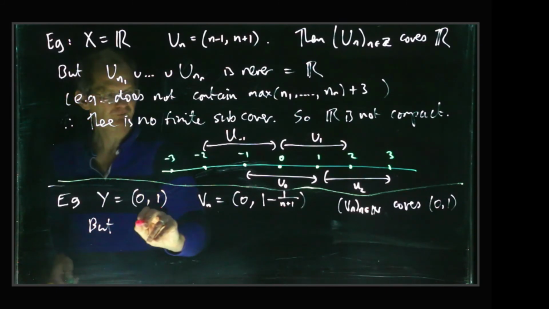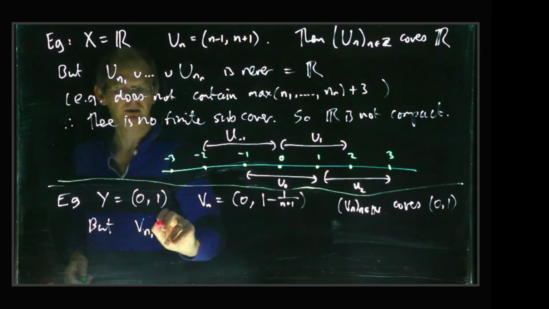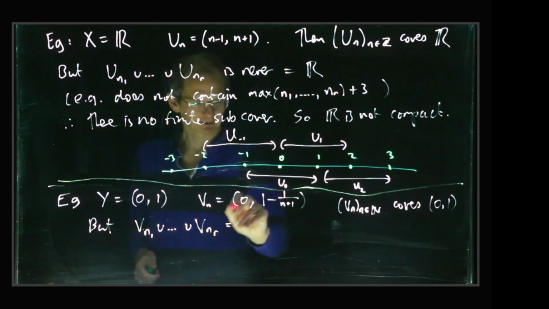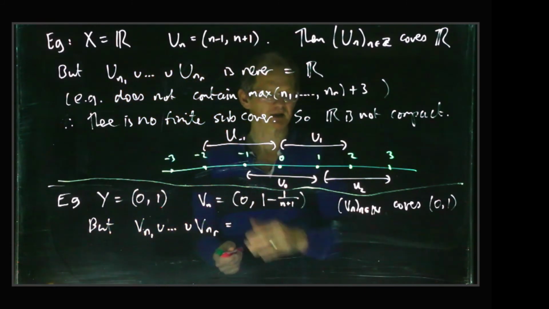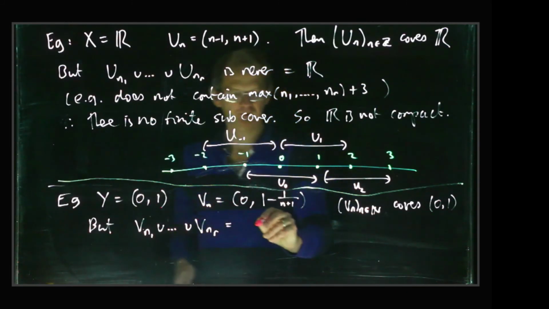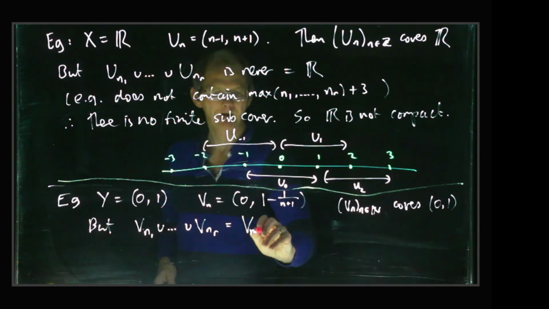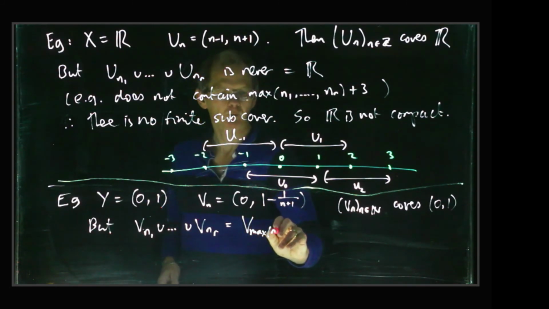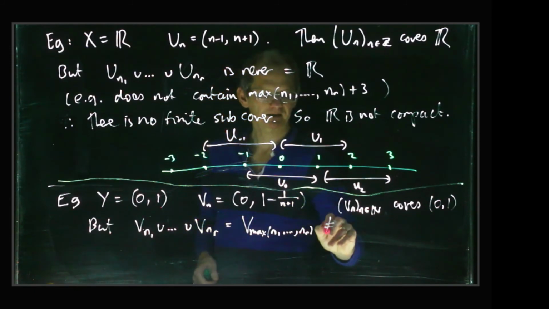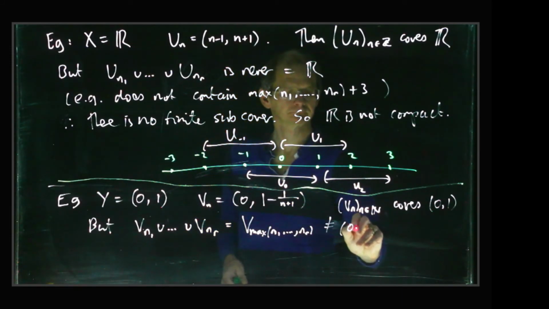But if I only use finitely many of these, say V_{n_1} union up to V_{n_r}, well, these are nested inside each other, right? So as n increases, the set just stretches out a bit more. So this is just the same thing as V_{max(n_1, ..., n_r)}. And that's never going to be equal to the whole thing.